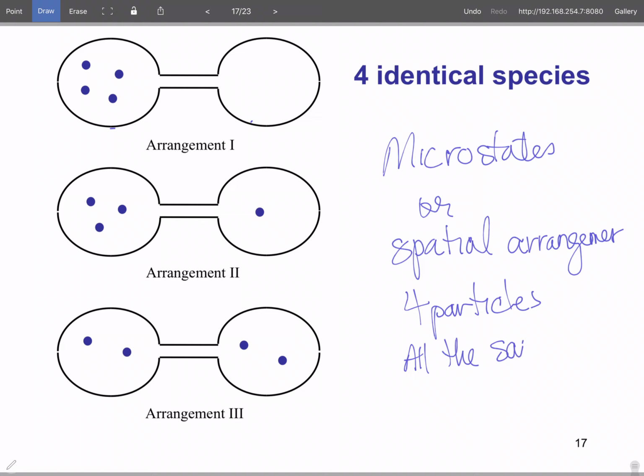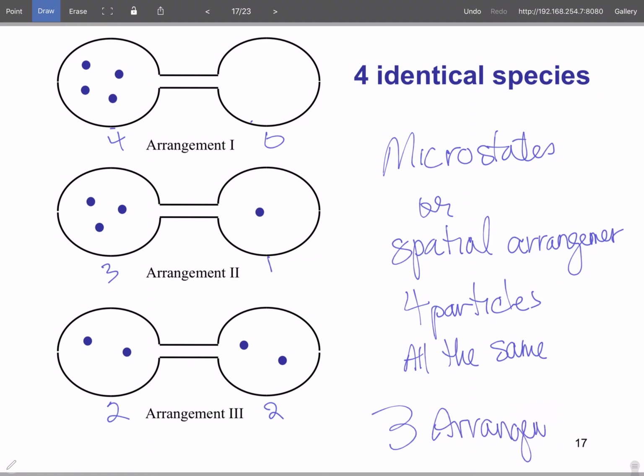So we have 4 particles, we have arrangement of 4 to 0, 3 to 1, and 2 to 2. Now, somebody might say, wait, but we could put 1 and 3. No, that's the same as 3 and 1. We don't care left and right. We only care that we have 3 on one side, 1 on the other side. So, what we have is 3 arrangements.